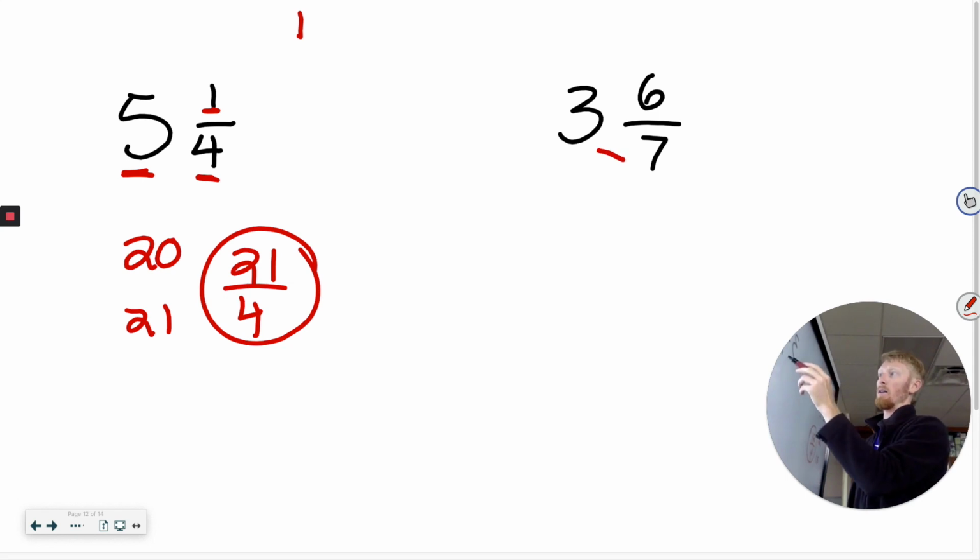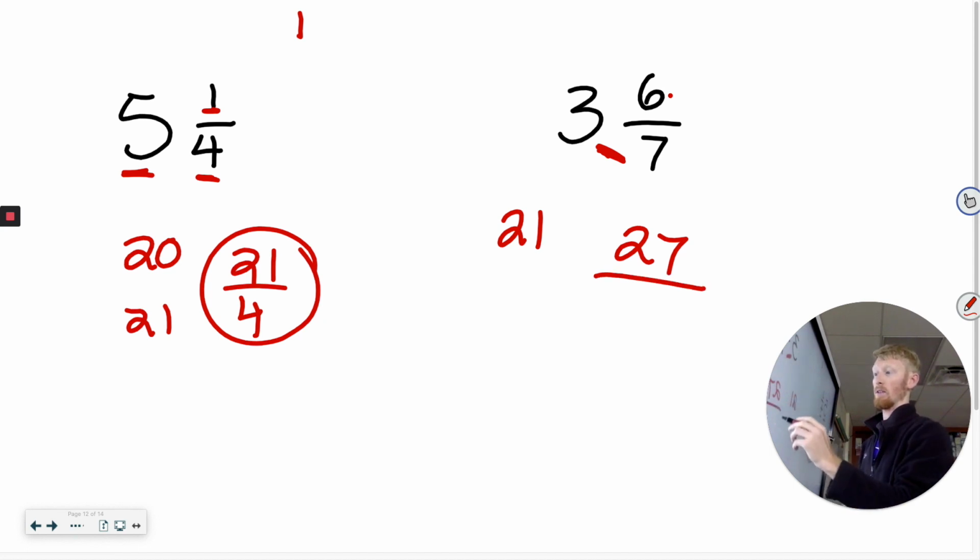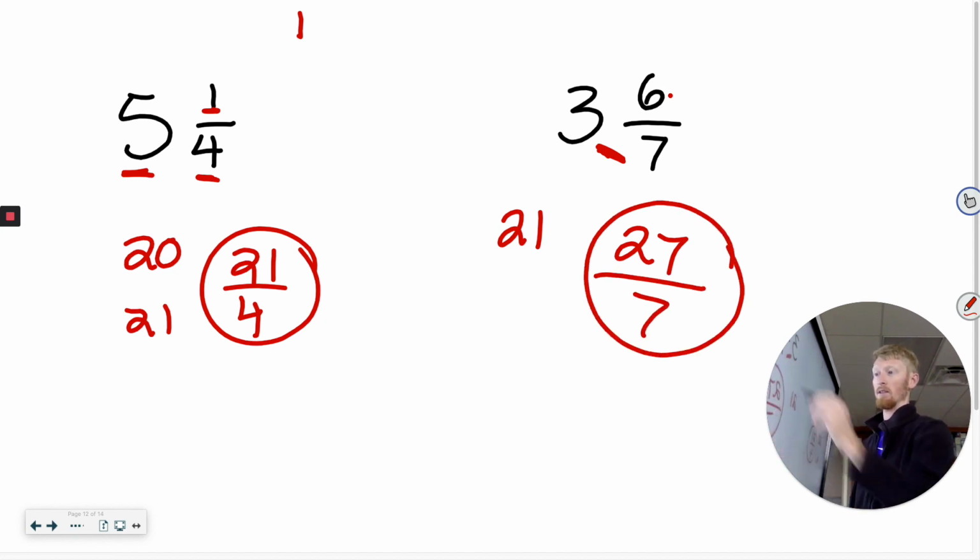Step 1, multiply. So 3 times 7 gives me 21. Next, you need to add 21 to the 6. 21 plus 6 gives me 27. Keep the same denominator, 27/7. And that's as an improper fraction.